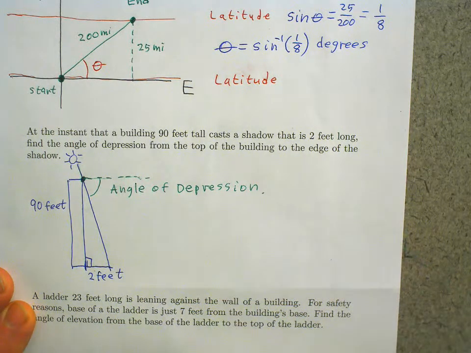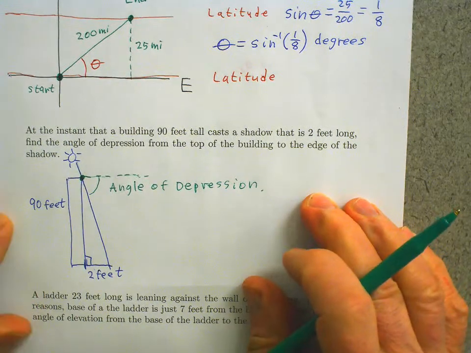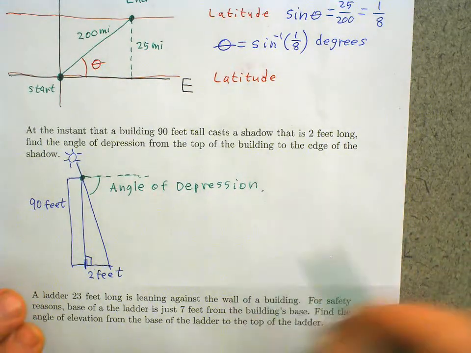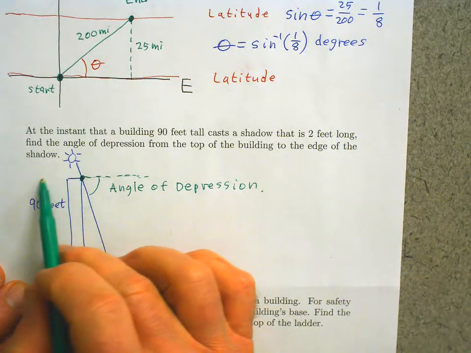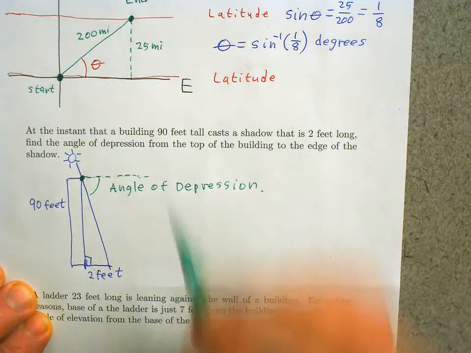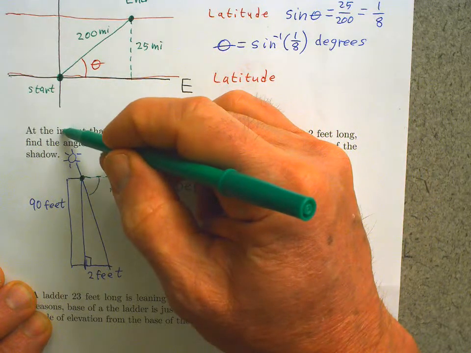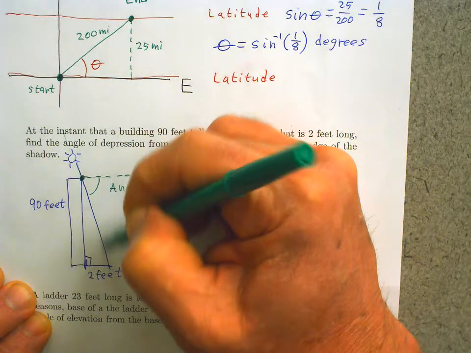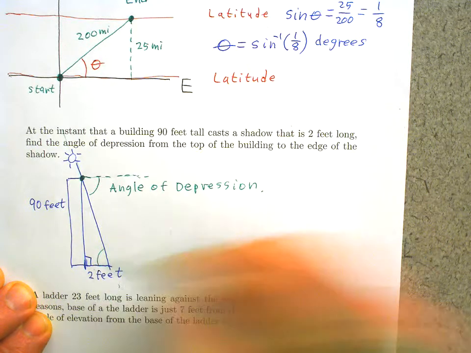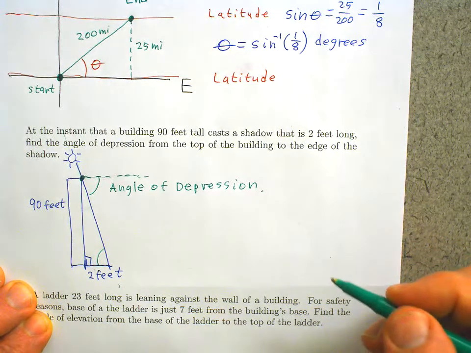Okay, well, we can use geometry to help us. Remember from geometry, if two lines are parallel and both are intersected by a transversal, then alternate interior angles are congruent.